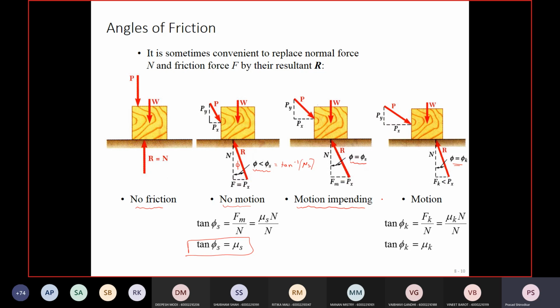And as you know, the angle is less because mu k is less than mu s. But the horizontal component Px is greater than the frictional resistance offered by the surface, so now the block is in motion. Then tan phi k is equal to mu k. So this is how you can express it in terms of the resultant R.